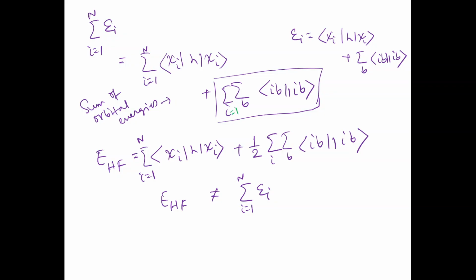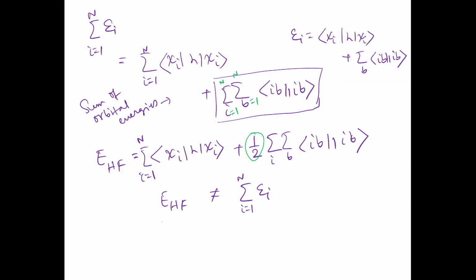I goes from 1 to N, and B can also go from 1 to N. So for any I, you are taking the interaction with all other B electrons, and for the electron sitting in B, you are again taking the summation. So you are counting the interaction twice, which should not be the case. That is taken care of by this half, so in the Hartree-Fock energy you don't count the interaction energy twice. That's why your Hartree-Fock energy is not the summation of orbital energies.